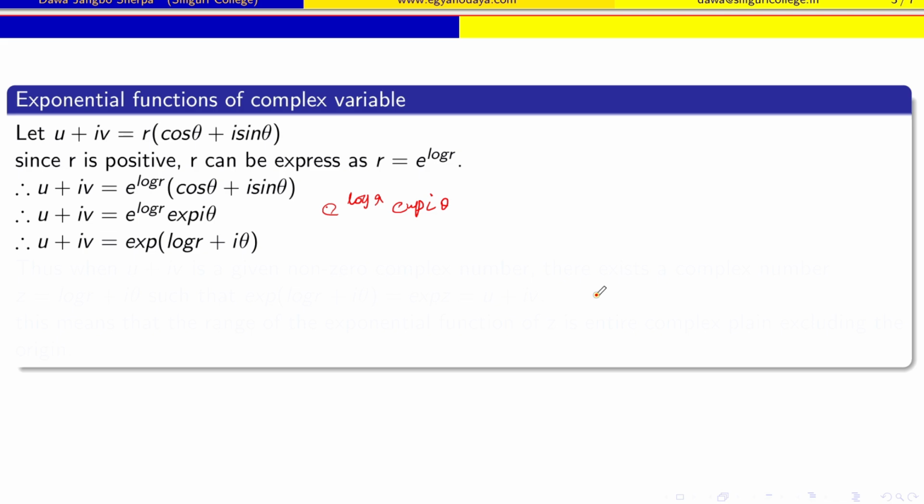This exp i theta can be written as e to the power i theta. So it will be e to the power log r plus i theta, which can be written as exp of log r plus i theta. So we get u plus iv is equal to exp of log r plus i theta.